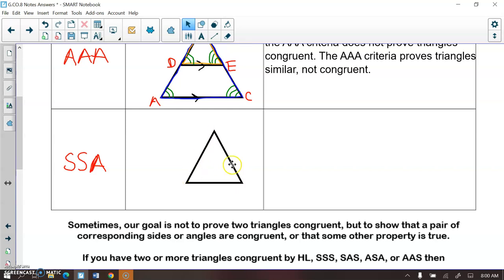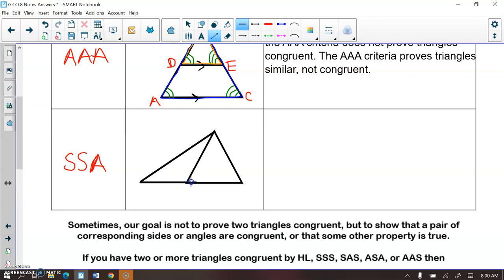That means that these two sides are congruent. Okay, off of this side here, I'm going to have you draw this in and then connect this side to that base here. Okay. So, I made it so this was an isosceles triangle here.